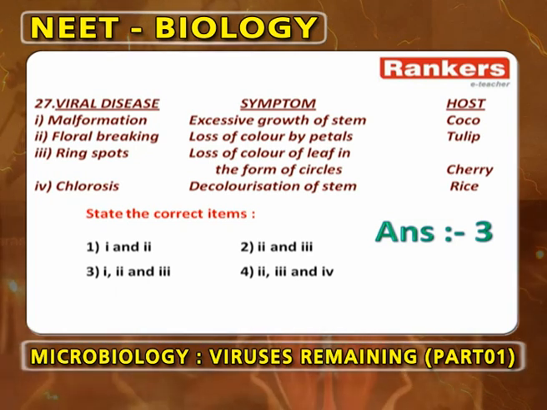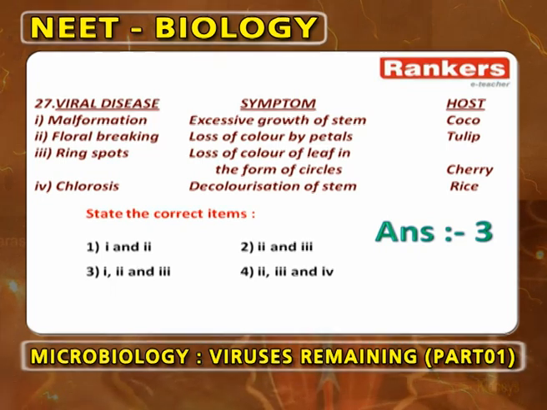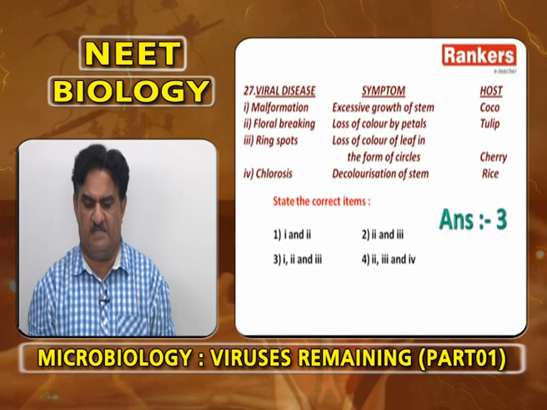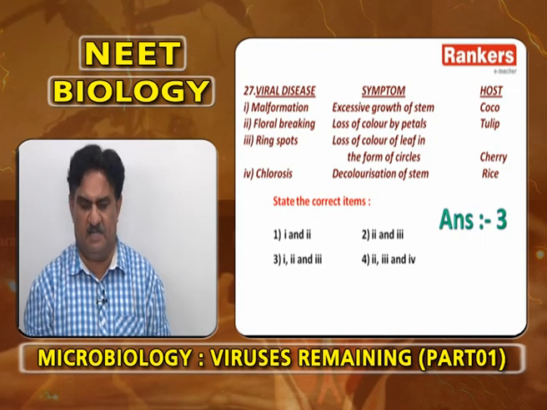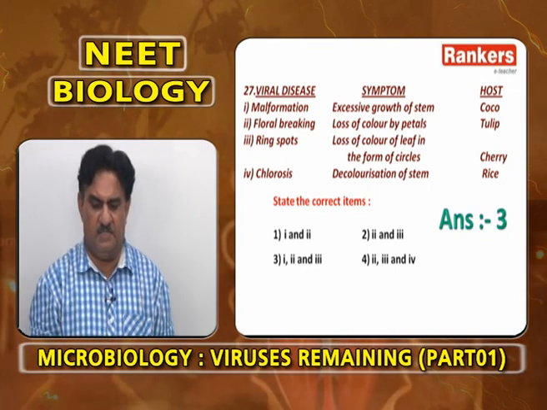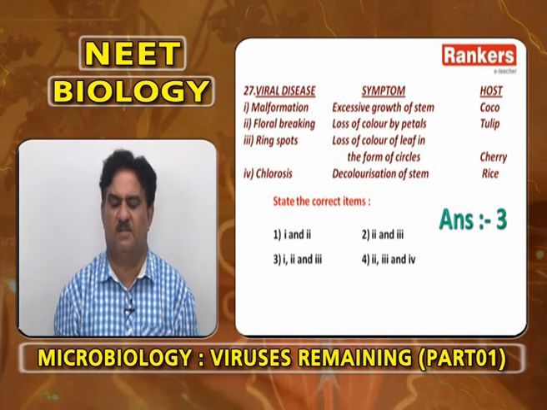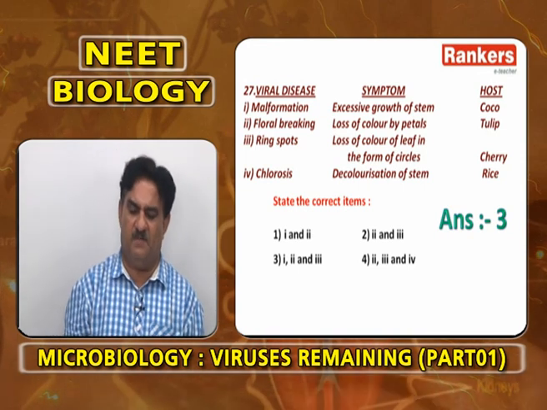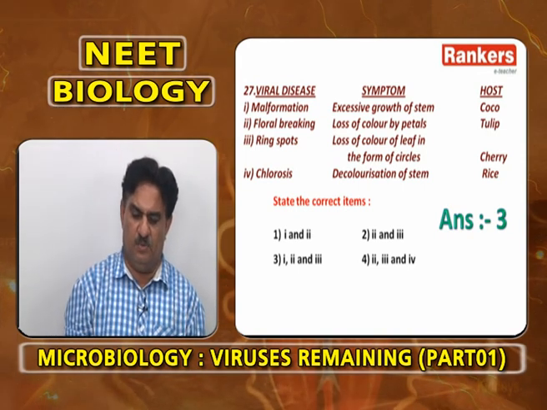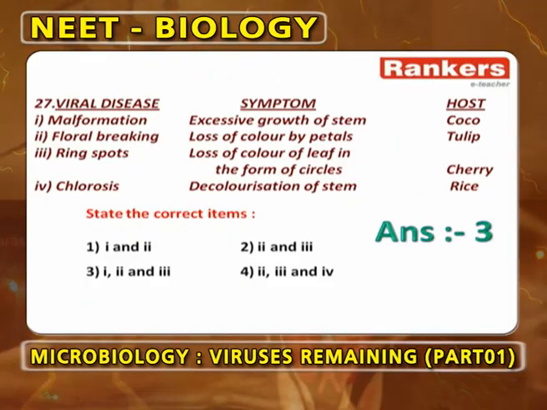Floral breaking, loss of color or addition of colors in tulip is correct. Ring spots, loss of color on the leaf in the form of circles, is correct, cherry ring spot virus. Chlorosis, discoloration of the stem, rice is wrong. Chlorosis is discoloration of the leaf, not stem. So, 1, 2, 3 are correct, the fourth one is wrong.